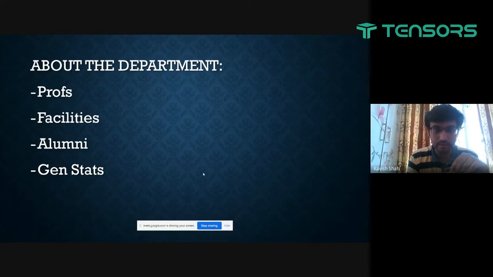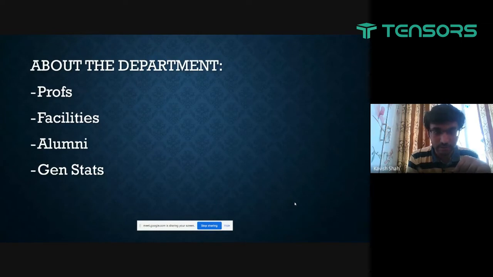In general, in terms of statistics, we have a good placement record. I wouldn't say it's a 100% placement record, but the thing to realize here is that it's like JEE, actually. Everyone who sits for JEE is not really preparing for JEE. Some people are not focused, or don't have the drive to prepare.